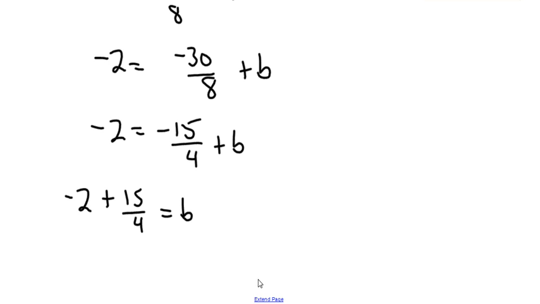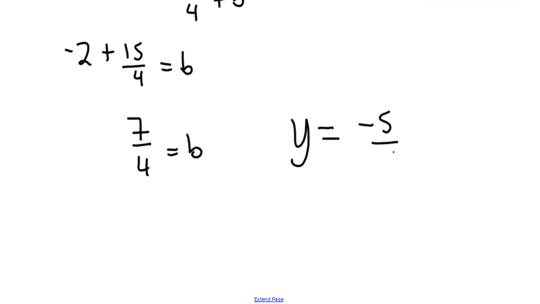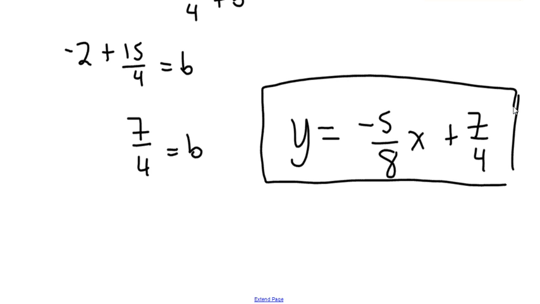Get a common denominator. Add these fractions together. Negative 2 is negative 8 over 4, so 7 over 4 equals b, which means here is the equation of line 2. Woohoo! Here's line 2, and that was part 1, or step 1, of finding the shortest distance.